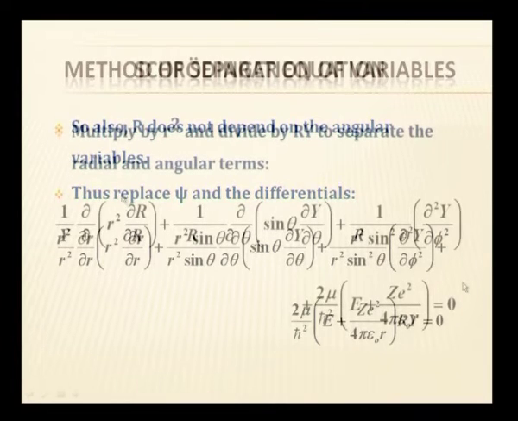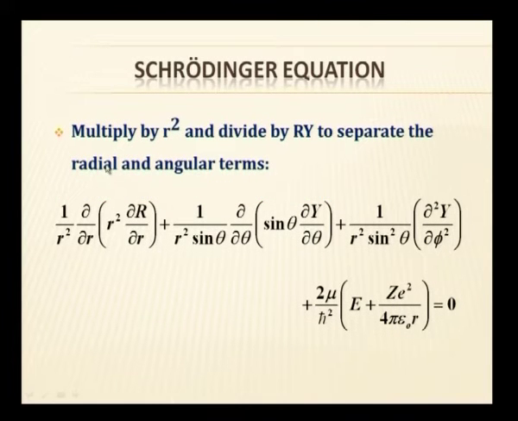Now you can multiply by r square and divide by R into Y to separate the radial and angular terms.